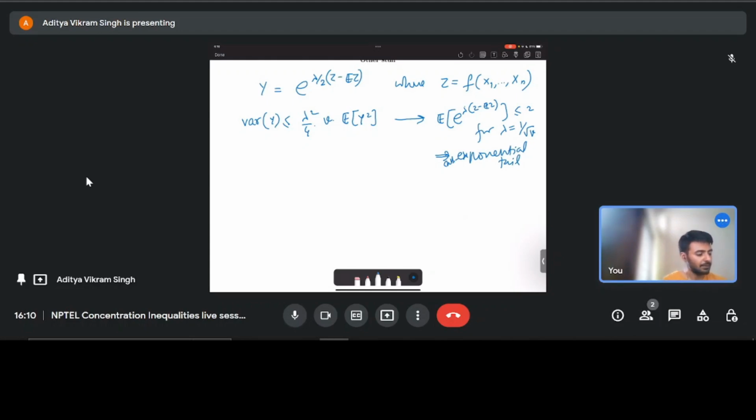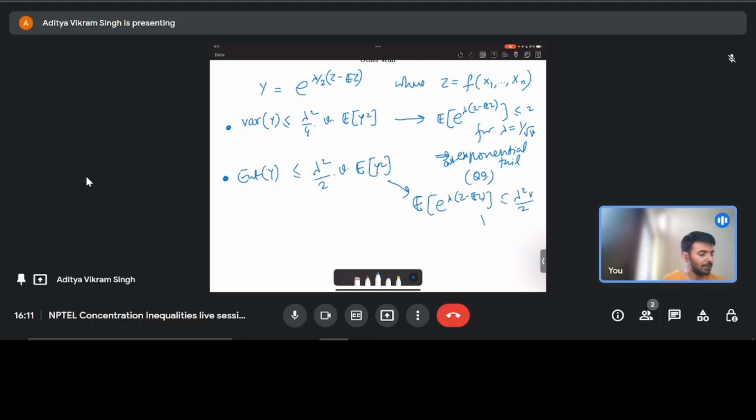This is what we saw in question 9, from last week's last lecture. This week, we saw that if the entropy of y square is less than or equal to, say, lambda square by 2 into b (lambda square by 4 or lambda square by b doesn't matter, it's just a constant), then the log moment is less than or equal to lambda square b by 2 for all lambda greater than or equal to 0.